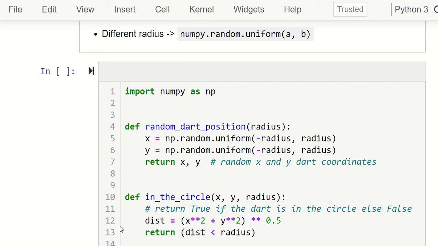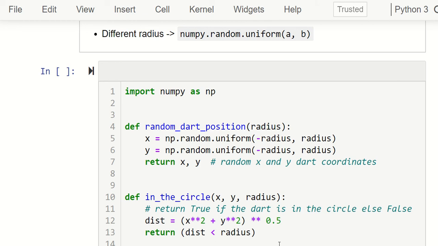With record 12, I calculate the distance of the dart from the origin by simply using Pythagoras. I take the square root of the sum of the squares of the x and y coordinates, so that's what I'm doing in record 12. And then I return, between brackets, distance smaller than radius. Now you need to make sure that you understand this.